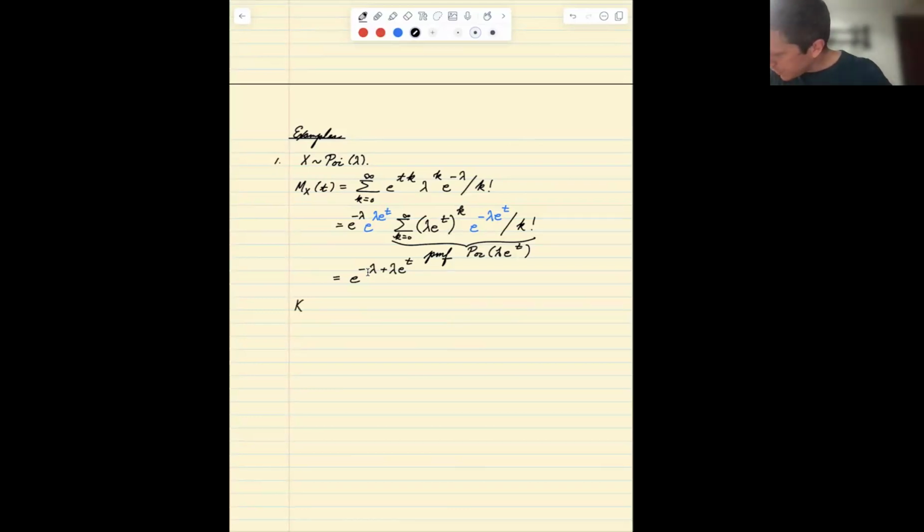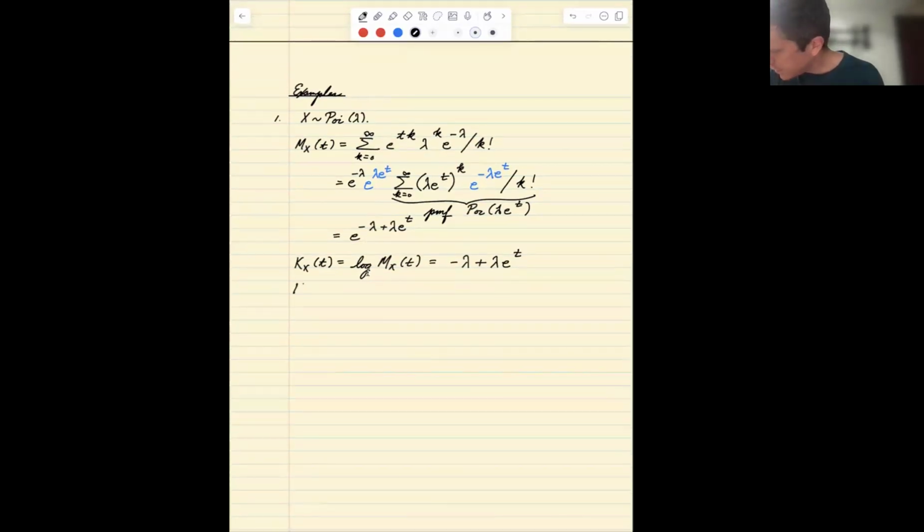The cumulant generating function of X is the log. Log of an exponential is very easy to deal with: minus lambda plus lambda e to the t. And the derivative, right?